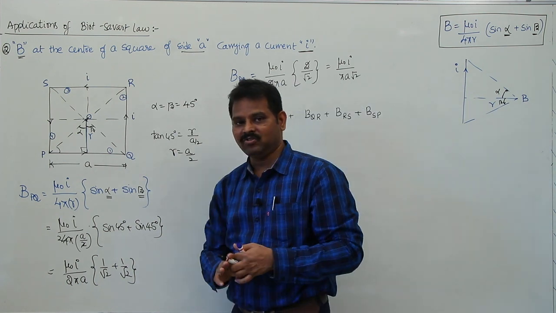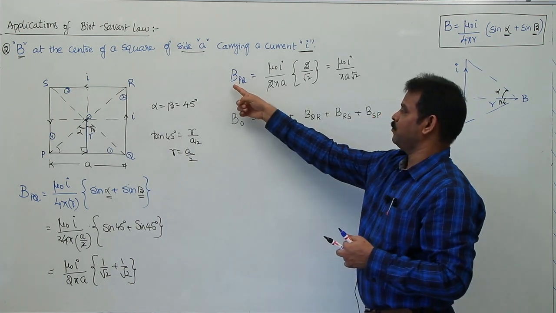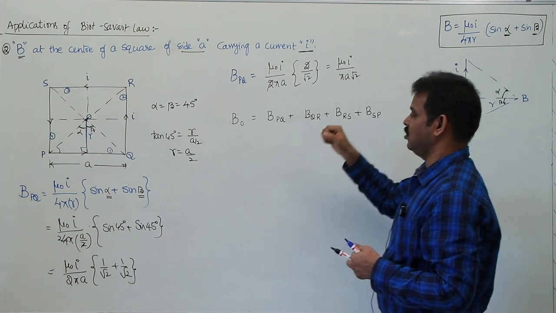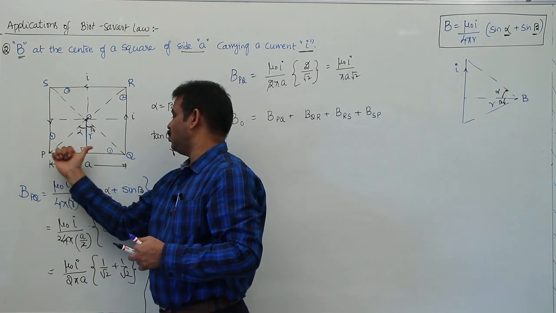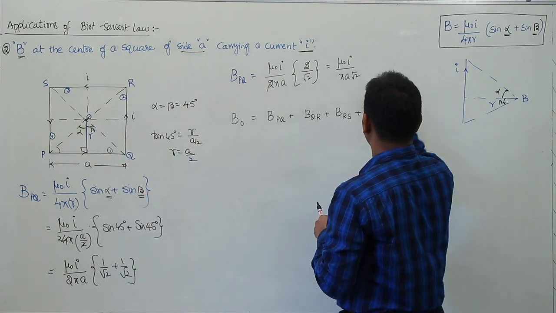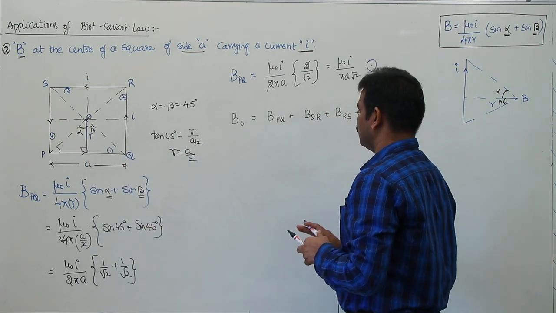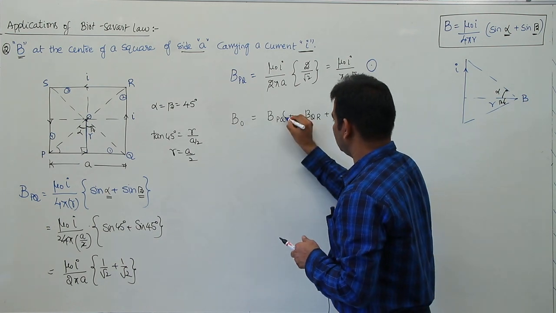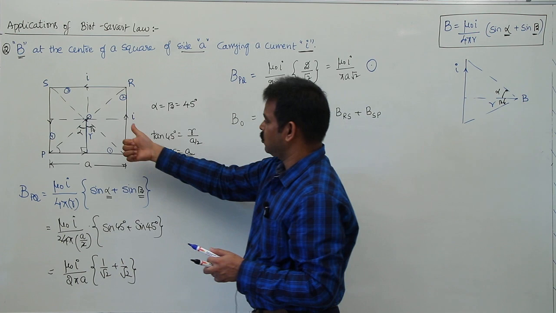Now, what is the direction of this one? First of all, whenever we are finding magnetic field, this is the magnitude of this one and what is its direction. So here, current is flowing like this. So field at point O is outwards. So I am going to keep this as outwards. But what about the magnetic field due to PQ? This is outwards. So I am going to write here outwards. Magnetic field due to QR.